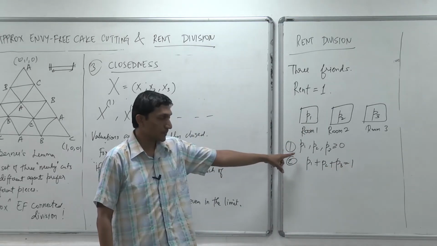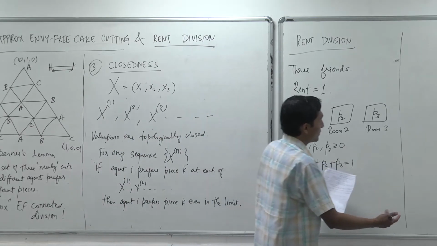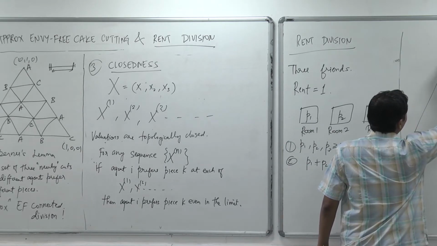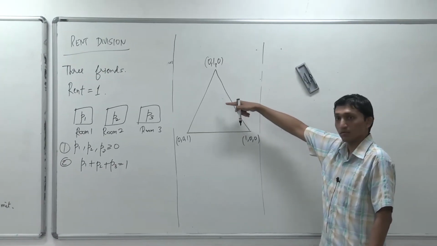If you replace these by x1, x2, x3, we've already seen that. So the space of the rents looks exactly like the space of all the connected cake divisions. This configuration means that the rent for room 1 is 1 and the other rooms are free, and so on. All other rent assignments are somewhere here.